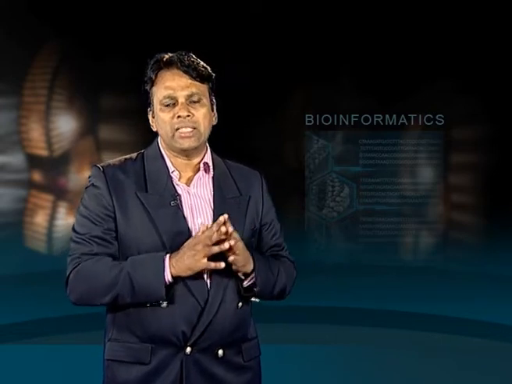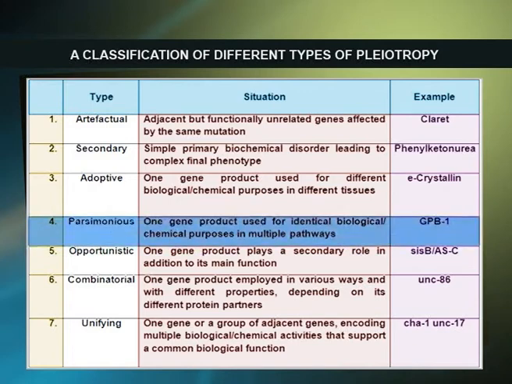In many processes, this protein acts as familiar metabolic enzymes such as enolase and LDH. Now, let us look into parsimonious pleiotropy.